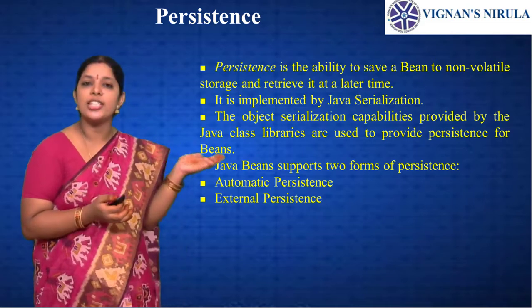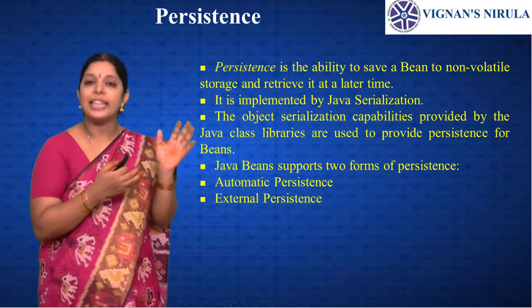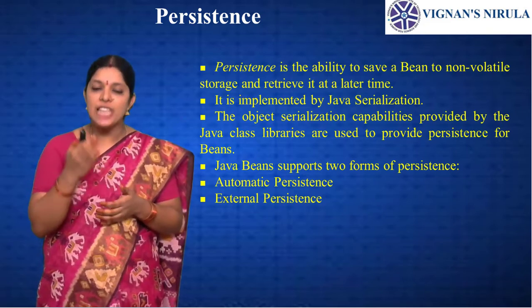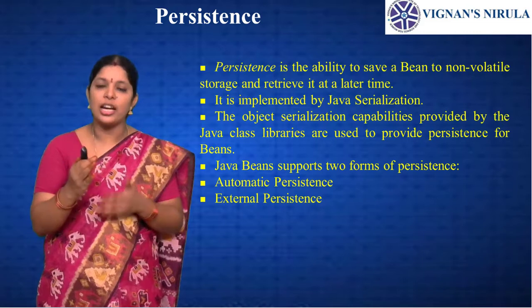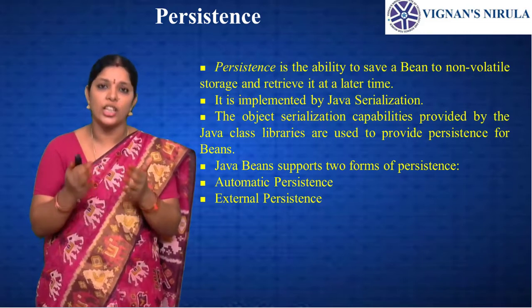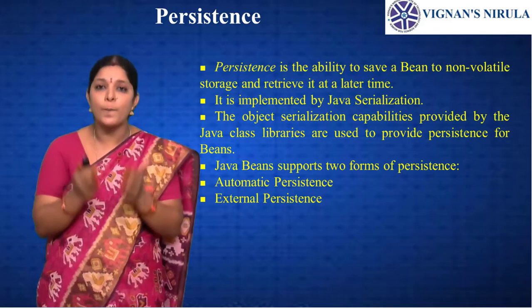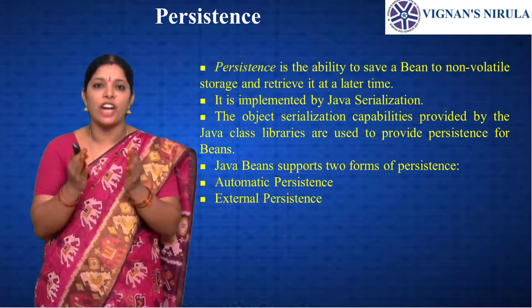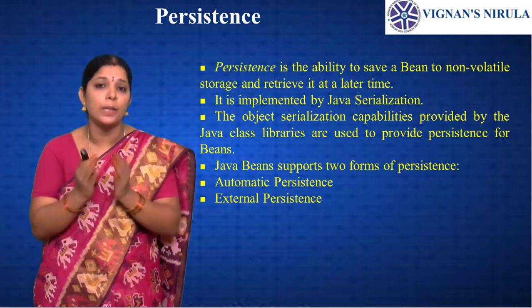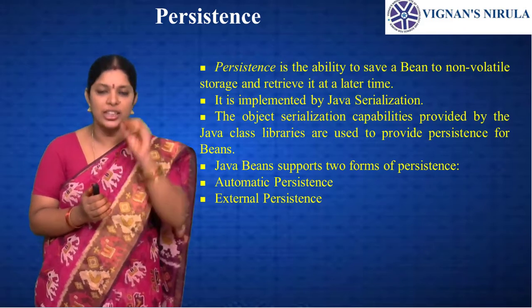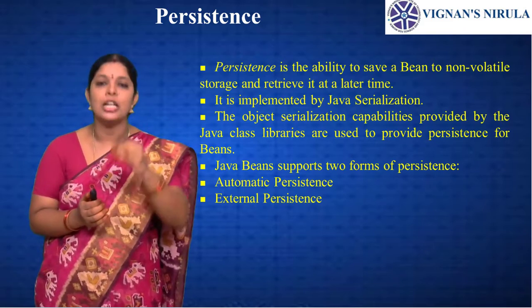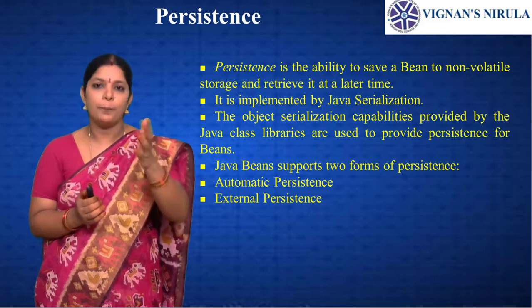The next one is external persistence. External persistence, on the other hand, means we are using the other option. What is the other option? The option of supplying our own custom class to control the persistence. With that custom class we are controlling the persistence of the bean.